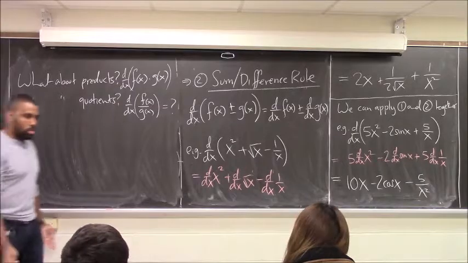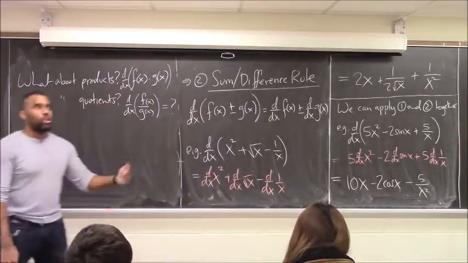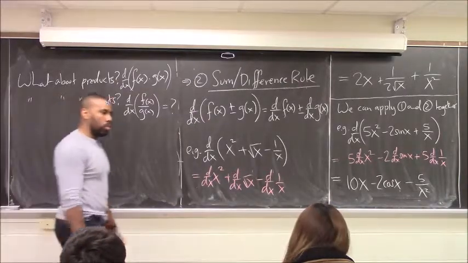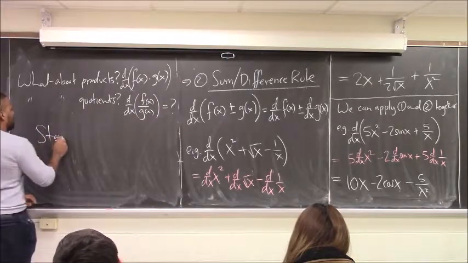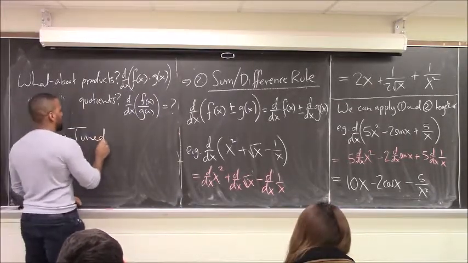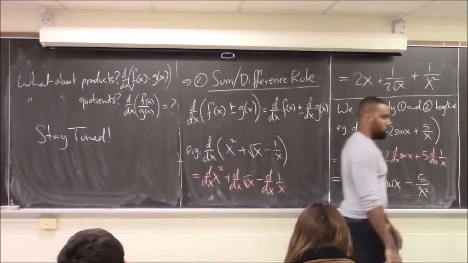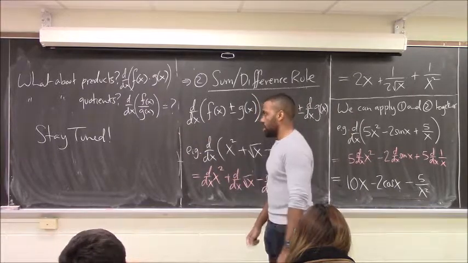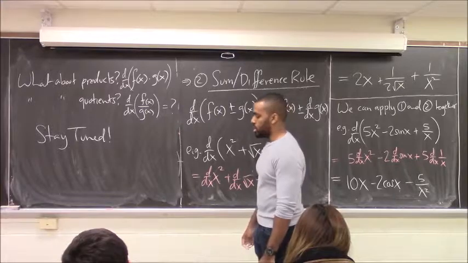Short answer is no. The long answer is, we'll prove things next class where we'll be able to prove that the answer is no. So it turns out derivatives do not play well with multiplication and division. So stay tuned. By the end of the next class, we'll have enough machinery to actually show not only that the derivative doesn't behave in a natural way here, but we'll be able to tell exactly how it would behave in these cases.